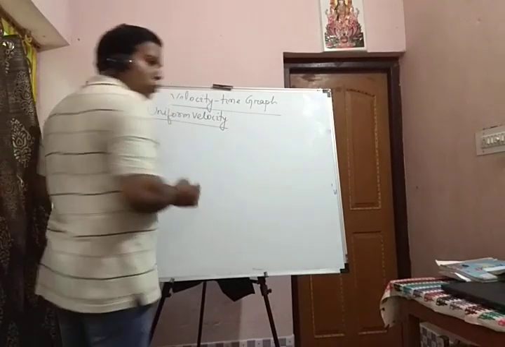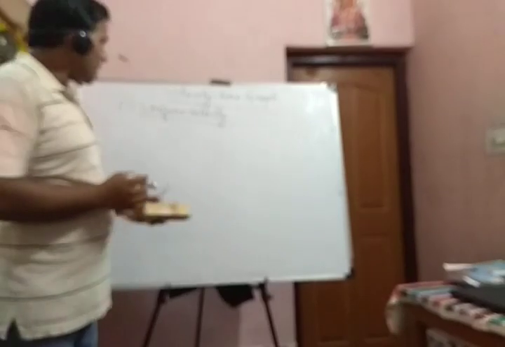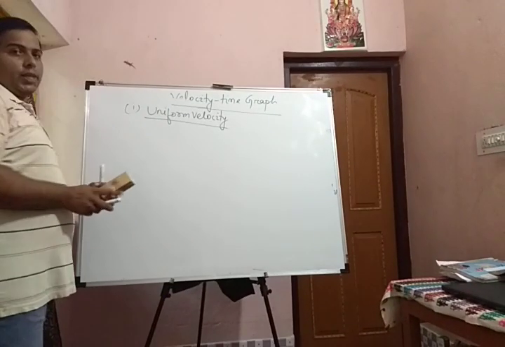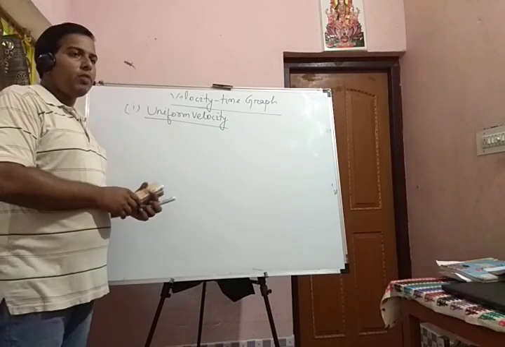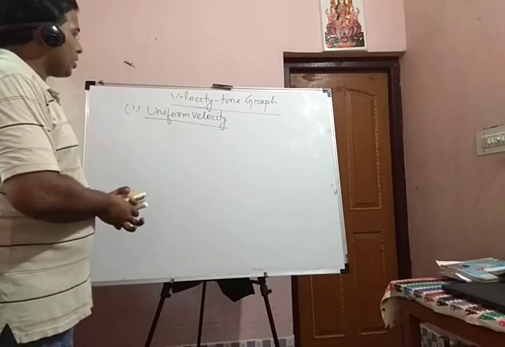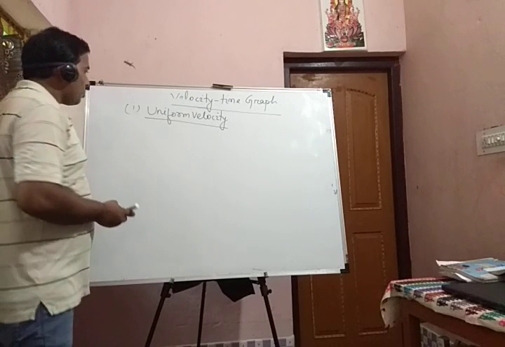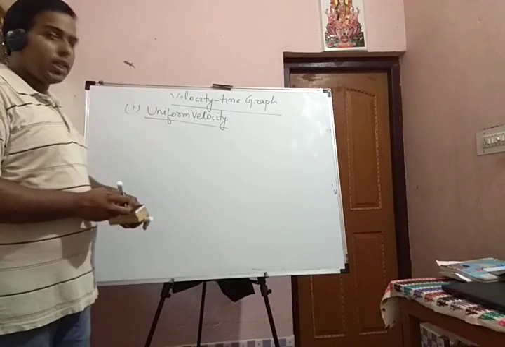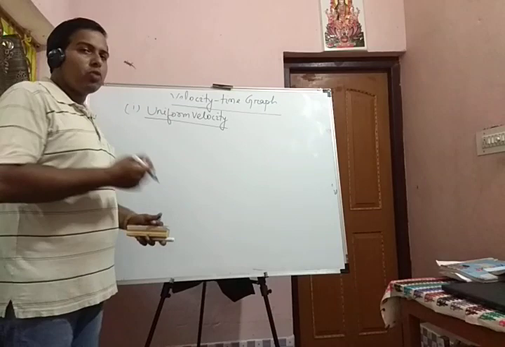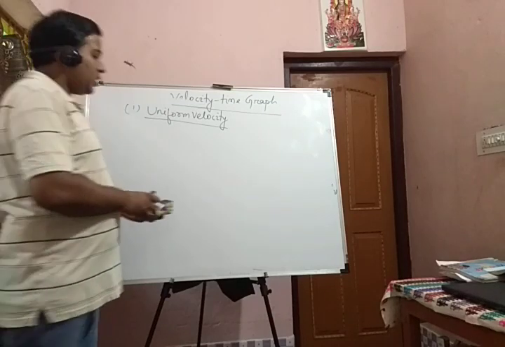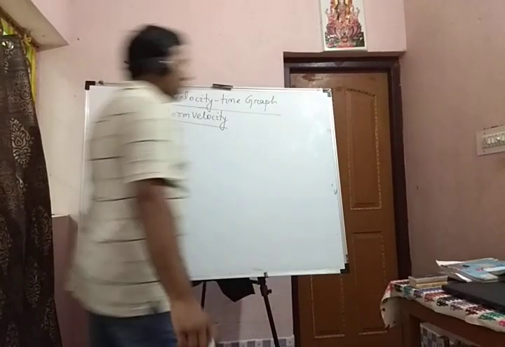When the body is moving with a constant velocity, that is called uniform velocity. For example, a moving body is moving with a velocity of 40 km per hour. That is the velocity, and the velocity does not change. That means the body is moving with a constant velocity of 40 km per hour.